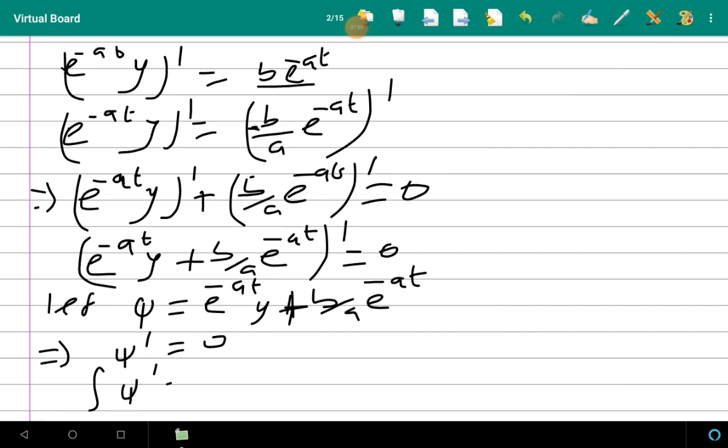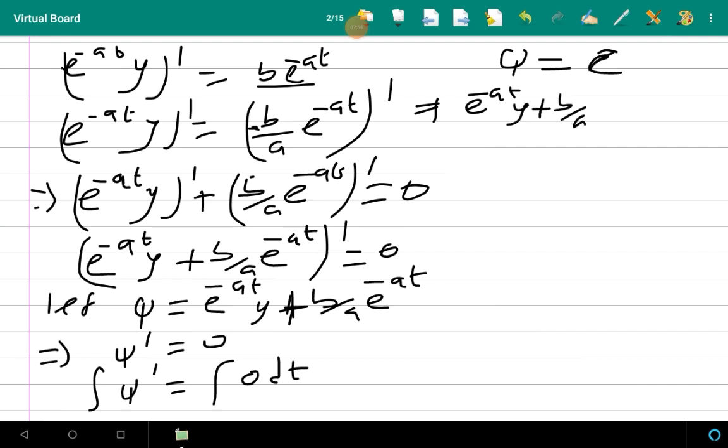Now I take the integral on both sides. The integral of 0 with respect to t is equal to c. But I know that, implying that my e^(at) y plus b over a e^(at) is equal to c.